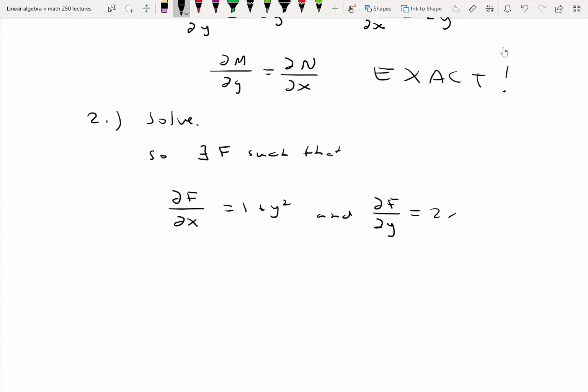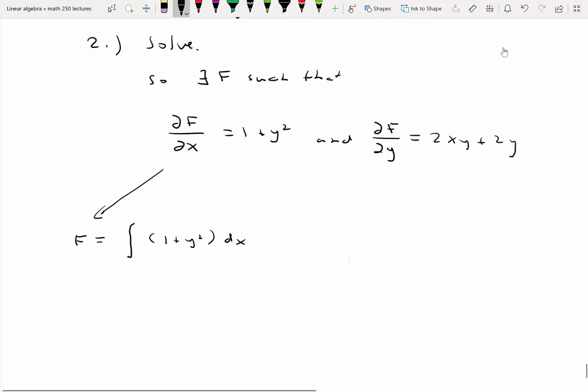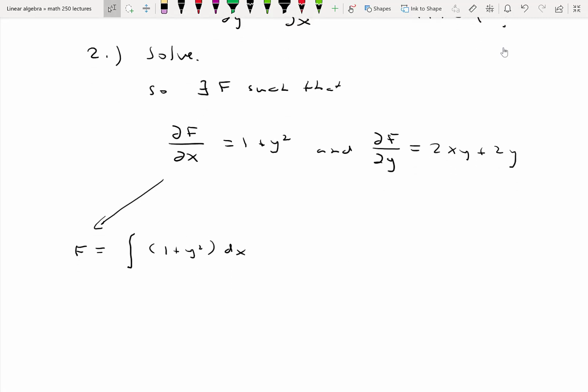Now we can go backwards with those partial derivatives to get the original function. So take the partial with respect to x and integrate both sides with respect to x. So f equals the integral of 1 + y² with respect to x. That integral is very simple.